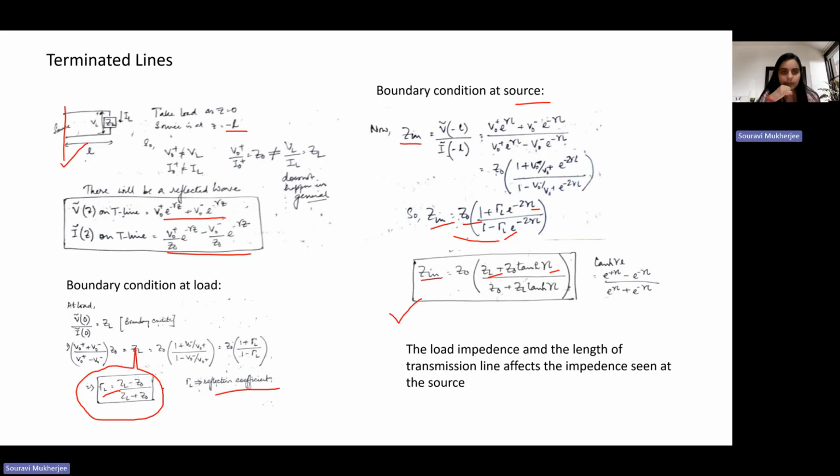So the effective impedance at the source is a function of what the load impedance is, what the length of the transmission line is, and how different the characteristic impedance of the transmission line is from the load, because that would govern the reflection coefficient, right? So all of this governs the impedance at the source end.